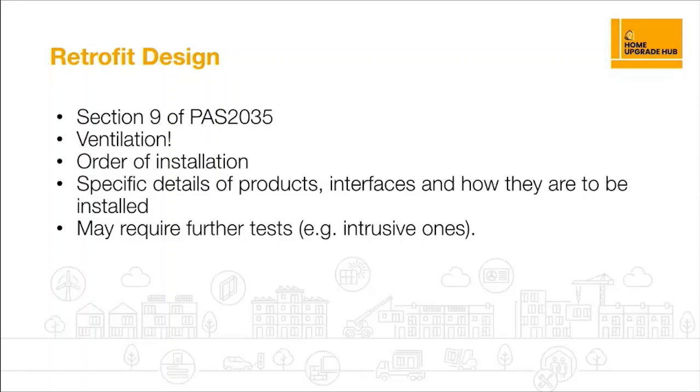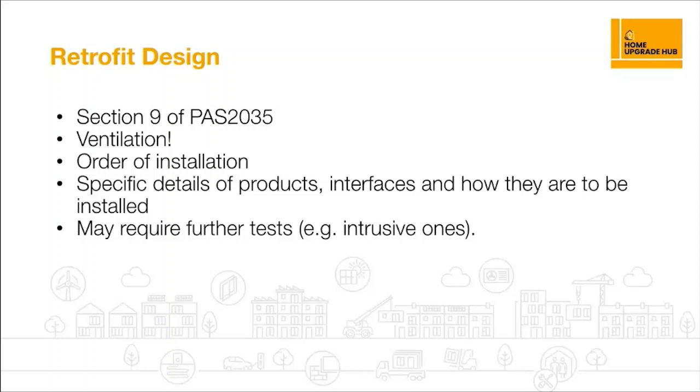And this is where we're starting to get specific. So at assessment and plan stage, we've been keeping it quite broad. You know, we might have been talking about external wall insulation. At this stage, it's about a specific external wall insulation system, a product, interfaces, and how they're to be installed.